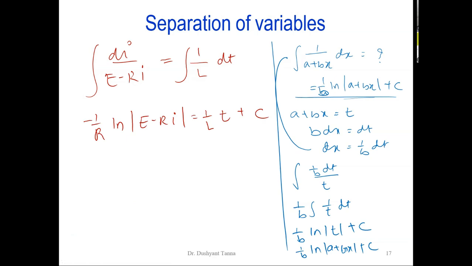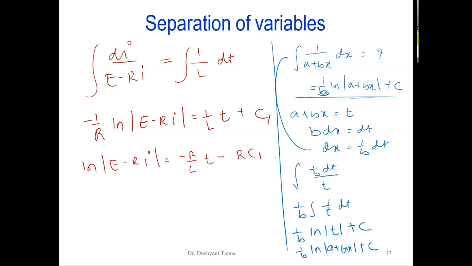Okay, I will multiply it by minus R. I call it C1 to start with here. So ln(E minus Ri) is equal to minus R over L t, minus RC1. Still, I have to take care of a log on the left-hand side.